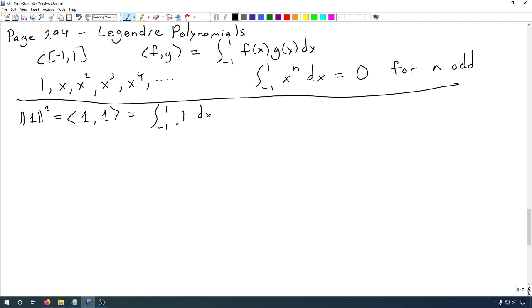We're integrating 1 from -1 to 1, and that doesn't turn into 1, it turns into 2, because we're covering a length of 2 as our interval. So that means that the norm of 1 is actually the square root of 2.